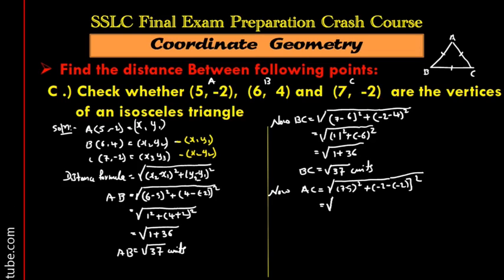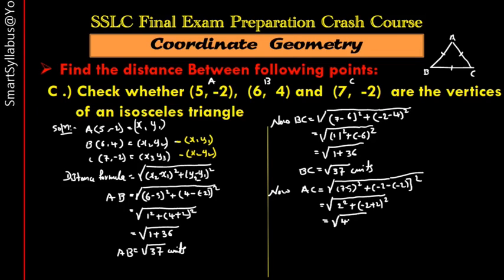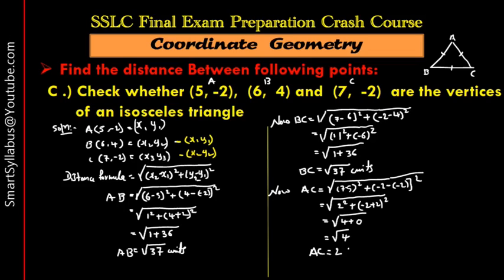That's equal to square root of 7 minus 5, it's 2 square, plus, so simplify here, minus 2 as it is, minus into minus it's plus 2 the square. That's equal to 2 square is 4 plus 2 minus 2 gets cancelled, so we get just 0. That's equal to square root of 4 plus 0 is 4. That's equal to 2. So this is the length of AC, that is 2 units.